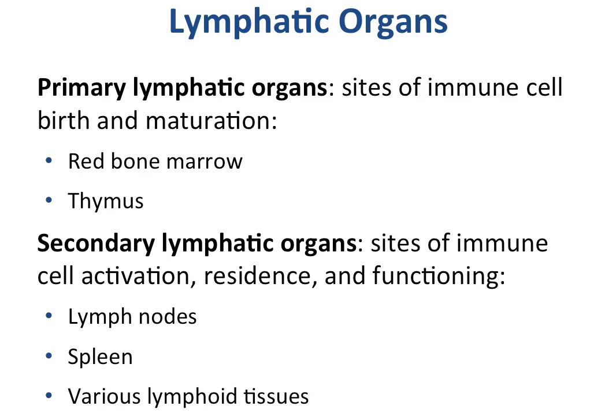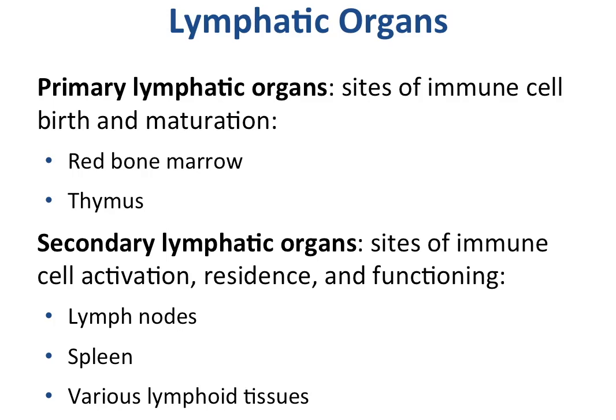Because most immune cells are not released to the bloodstream, they just stay in the secondary lymphatic organs. Once we have infections, those immune cells will be released to the bloodstream. For example, for the neutrophil, if we have infections, our blood neutrophil count can be very high.